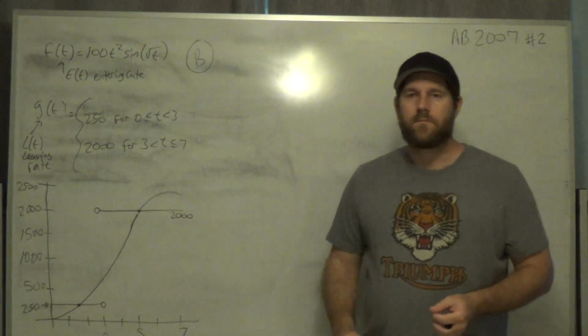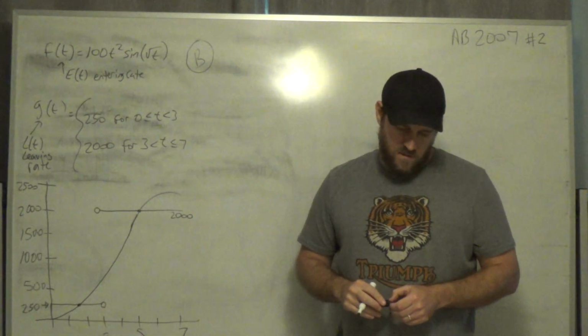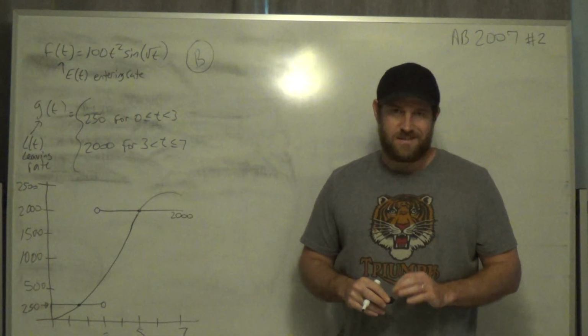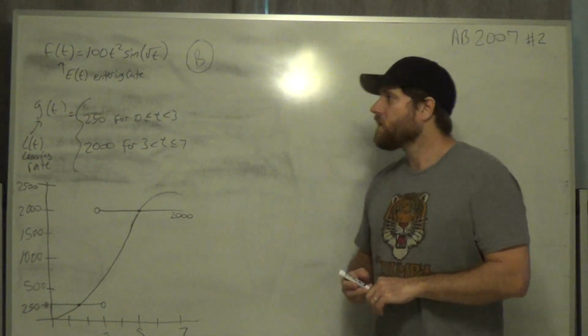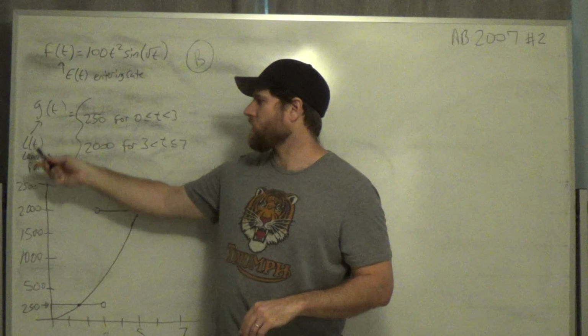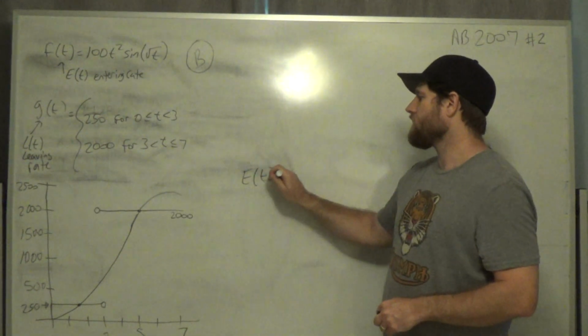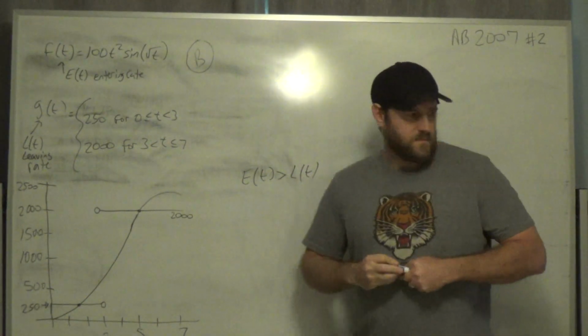Alright, so here for part B it says for time 0 to 7 find the intervals when the amount of water in the tank is decreasing. Quick review: E of t, entering rate, L of t, leaving rate.